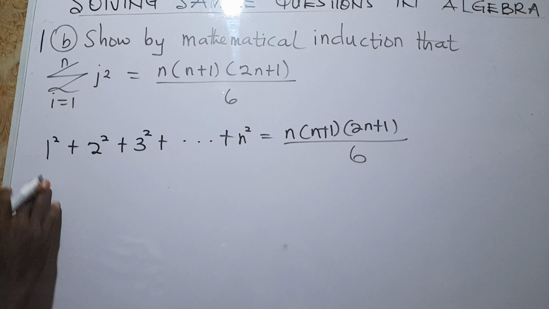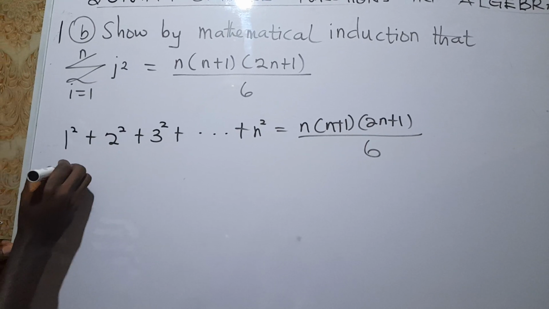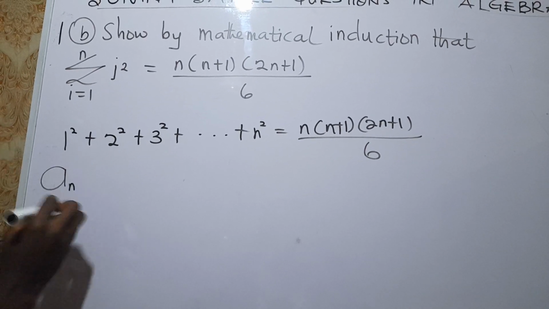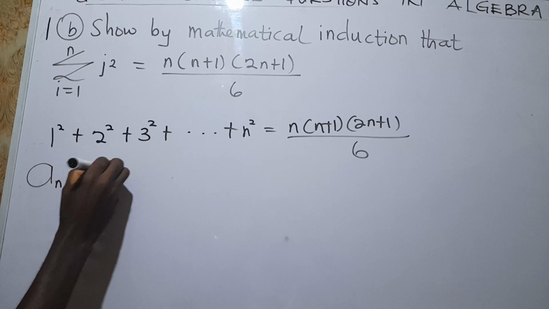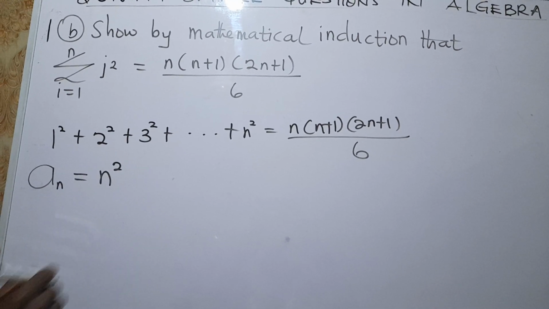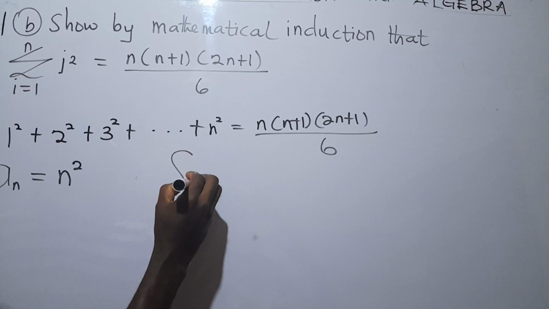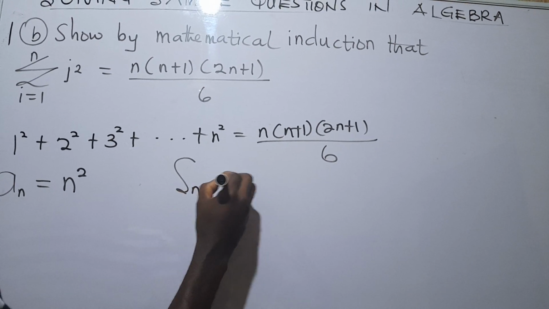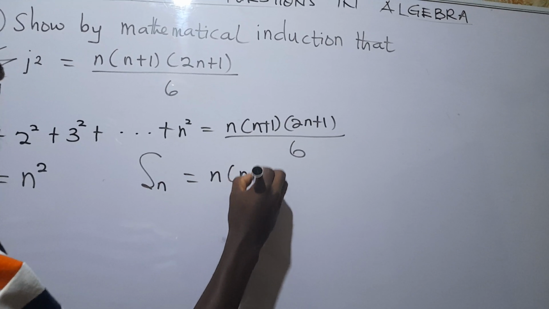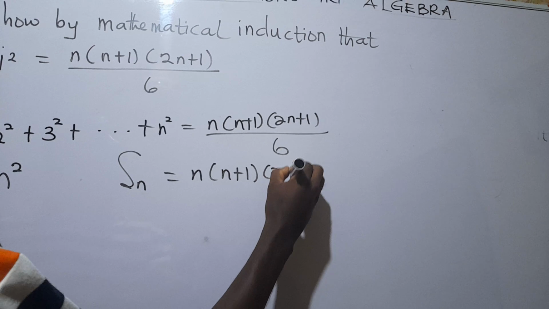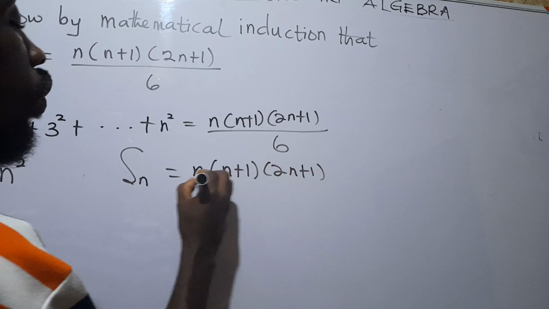Now, if these are sequences that form a series, we can say that the nth term of this sequence is n squared. And the sum of the series, which is S n, is equal to n times (n plus 1) times (2n plus 1) all over 6.